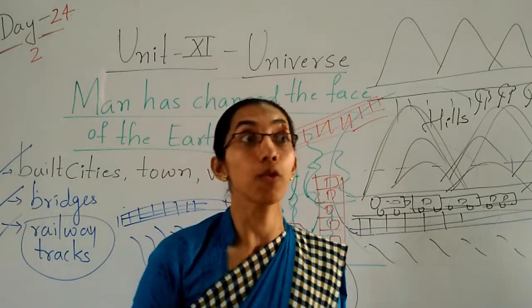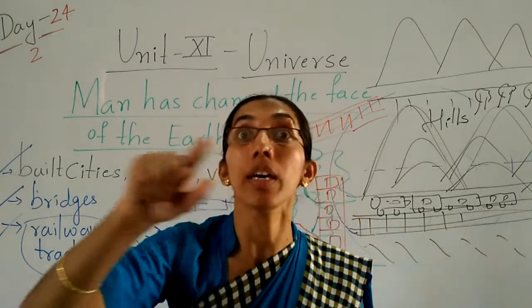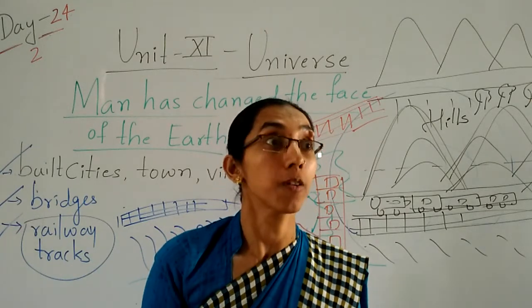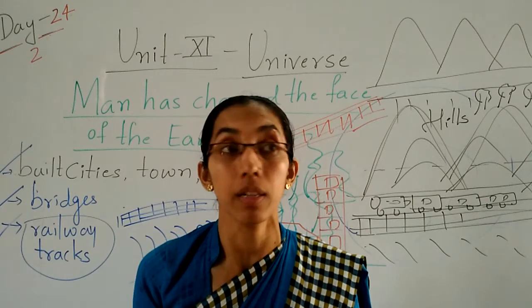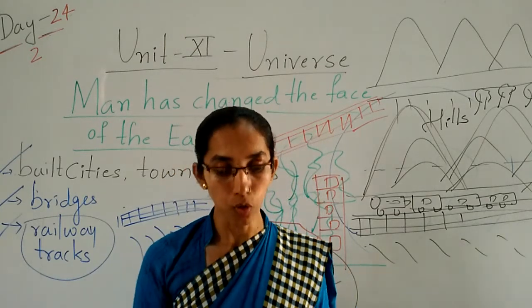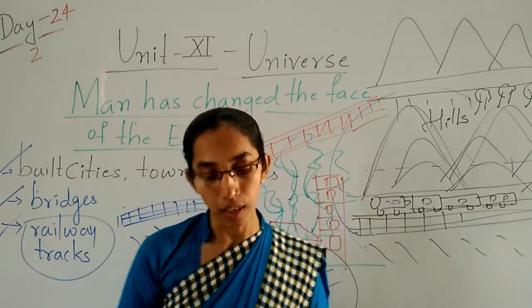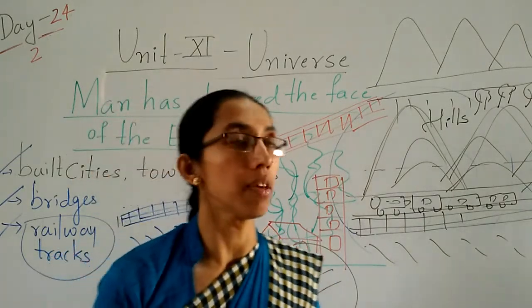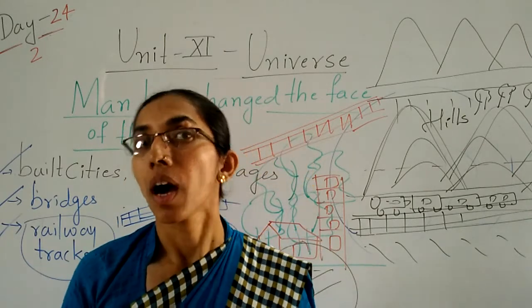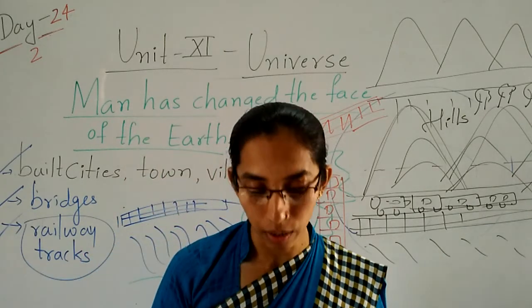So like that, we have to respect all religions. We have to respect all the states. We have to respect all the countries' people because we all are the same only. So we have to respect each other and live in this world in peace and harmony. Clear children?